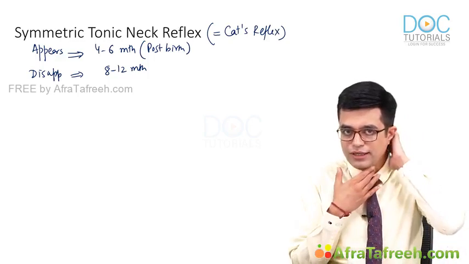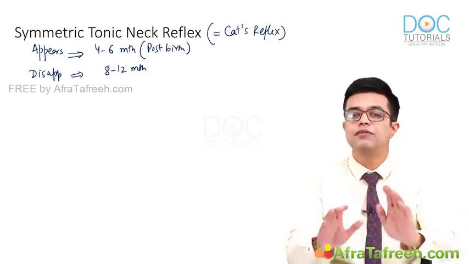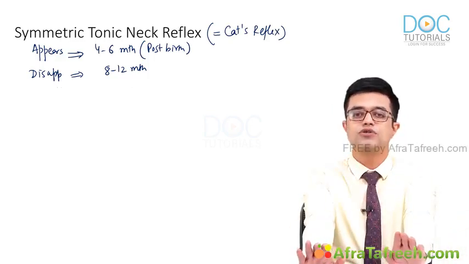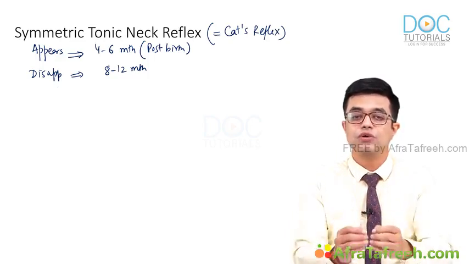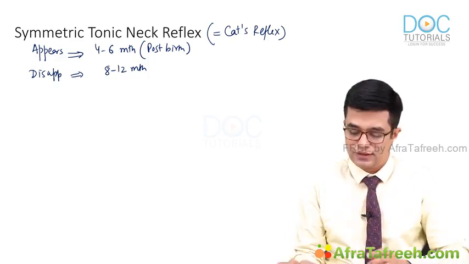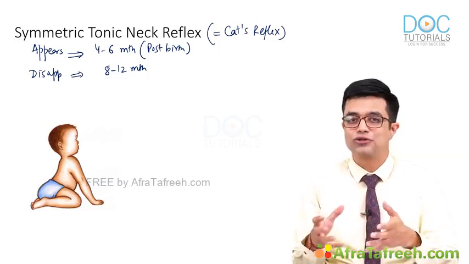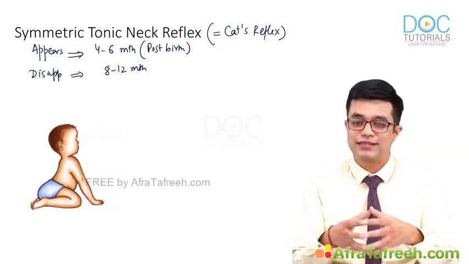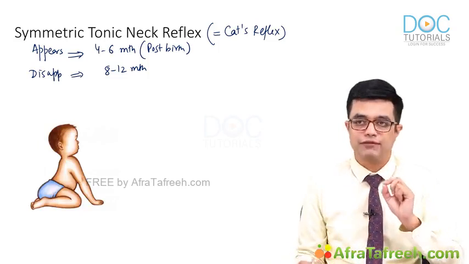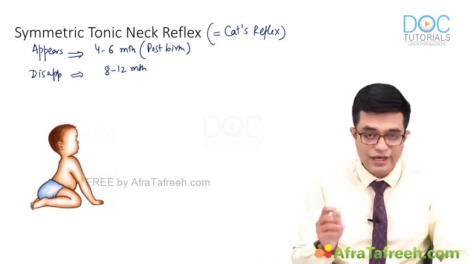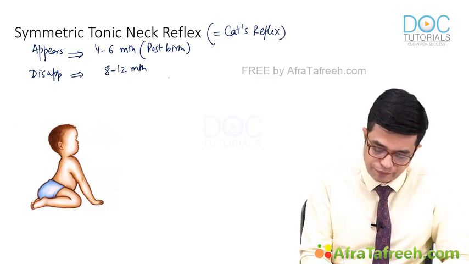If you suddenly extend the neck of the child, you will find that the upper limbs also become extended, whereas the lower limbs become flexed. Look at this posture. This is how a cat also sits, and so it is called as a cat's reflex. What is symmetric tonic neck reflex? How it is explained, how you will remember?